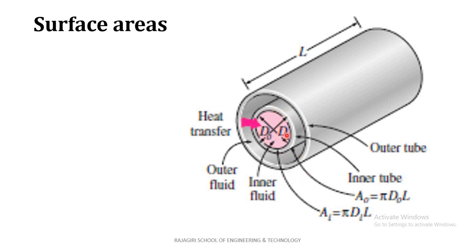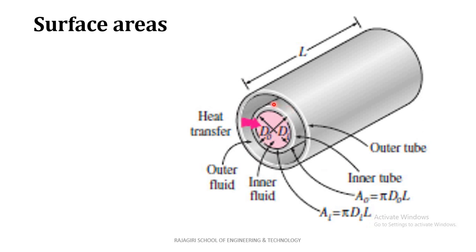If this is a tube with inner diameter di and outer diameter do, then pi do L is the outer surface area and pi di L is the inner surface area.